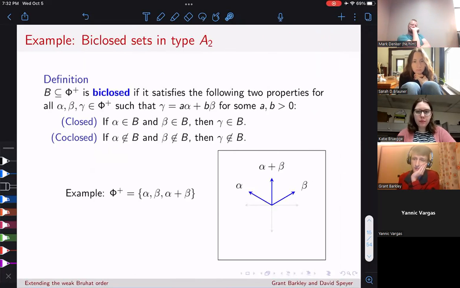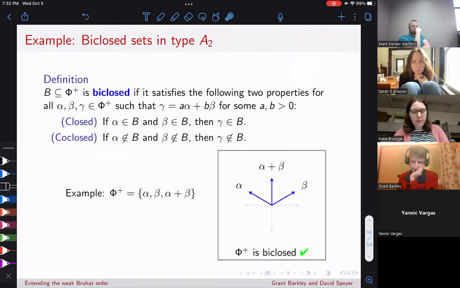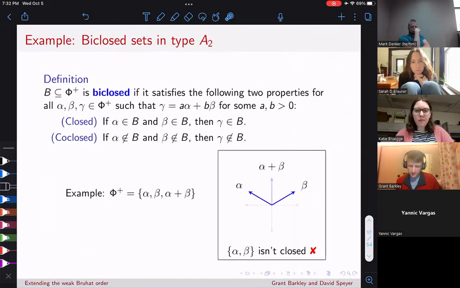So we just have this vector definition of biclosed. Let's take a look at what this looks like for our favorite example, this S3 root system. First of all, if you take all of the positive roots, that's a biclosed set. Certainly it satisfies the closed condition, and the complement is empty, so the co-closed condition is also good. Now let's look for some counterexamples.